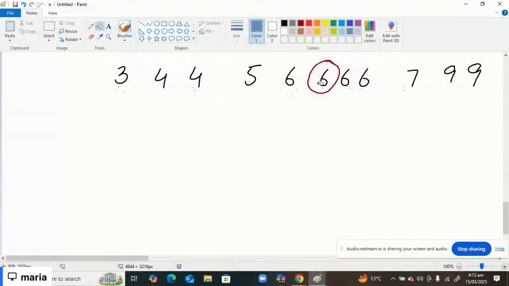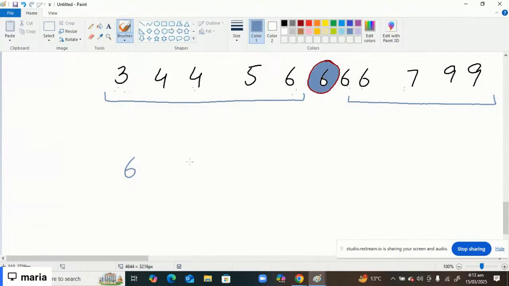So when this one is in the middle, what are all these? This is basically your lower half. And what is this one? This is your upper half. Now write down all the upper half values: 6, 6, 7, double 9. These are your upper half values.